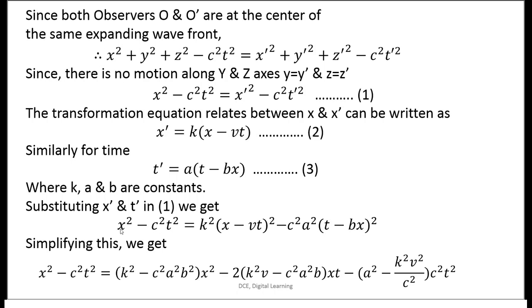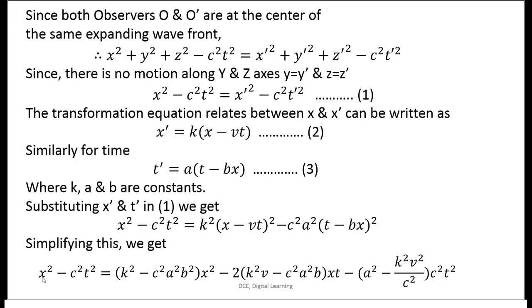After simplification of this equation, we get x square minus c square t square is equal to (k square minus c square a square b square) into x square minus 2 (k square v minus c square a square b) xt minus (a square minus k square v square by c square) into c square t square.